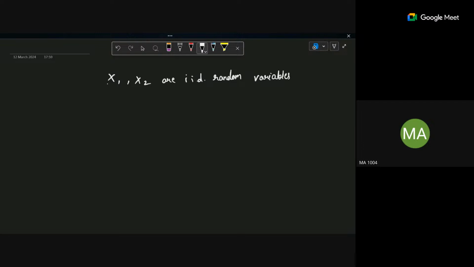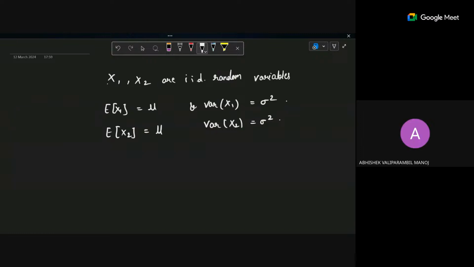And it is also given that the mean is mu and the variance of x1 and variance of x2 both are given as sigma square. If they are saying that the random variables have mean mu and variance sigma square, and as both of them are identically distributed, I can say that the expectation of x1 is mu and the expectation of x2 is also mu.